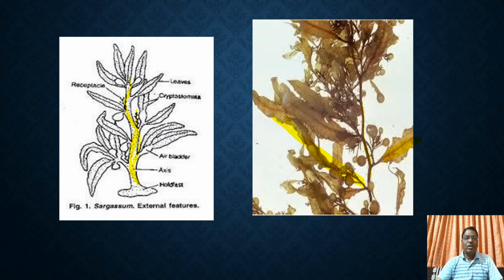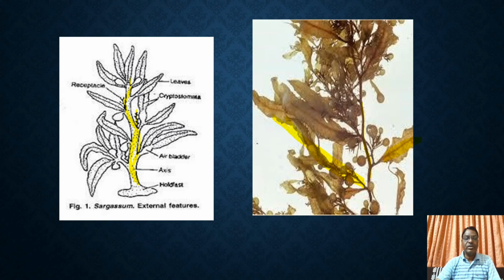So these brown colored leaf-like structures perform the function of photosynthesis and manufacture food material for the entire plant. Then the air bladder helps with buoyancy and also with gas exchange.